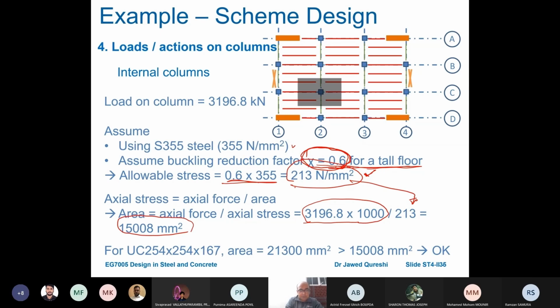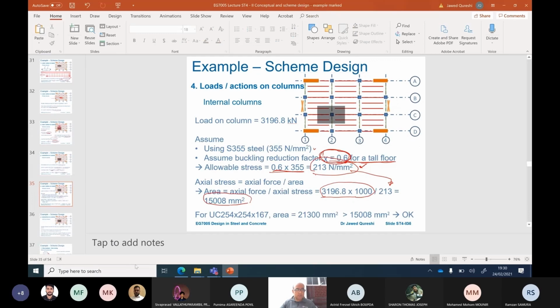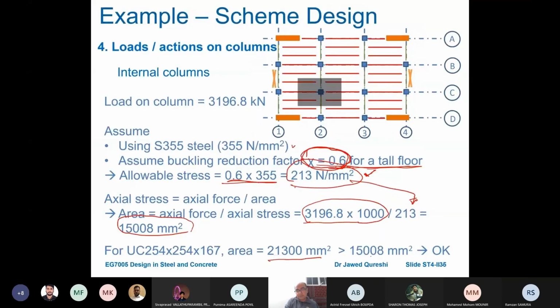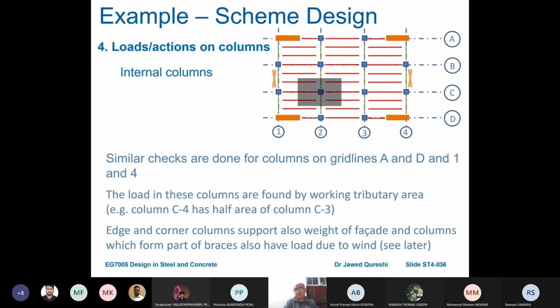For my chosen column, you will find the area in the Tata Steel Blue Book. For 254 by 254 by 167, the area is 213 centimeters squared. The area is greater than the area required, so this section is okay. Similar checks can be done for grid lines A and D and 1 and 4, but the load on these columns can be found by working out the tributary area.